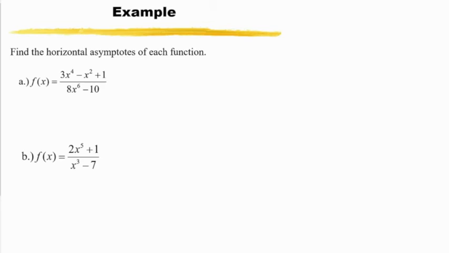Find the horizontal asymptote of each function. So we're going to start by saying the highest exponent in the top is 4, the highest exponent in the bottom is 6. Since the bottom grows faster than the top, think about that. 1 over 10 is 0.1. If the bottom grows faster, 1 over 100 is equal to 0.01. 1 over 1,000, see how the bottom is growing faster than the top?